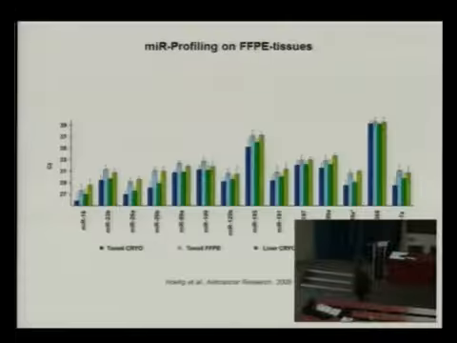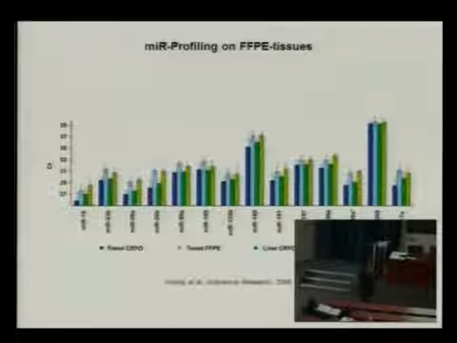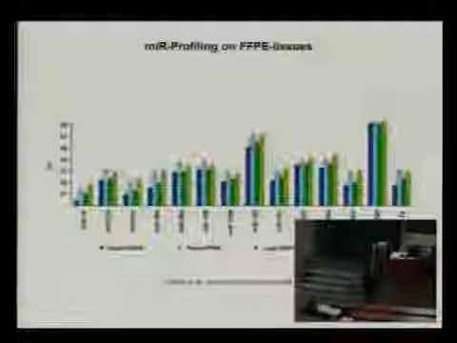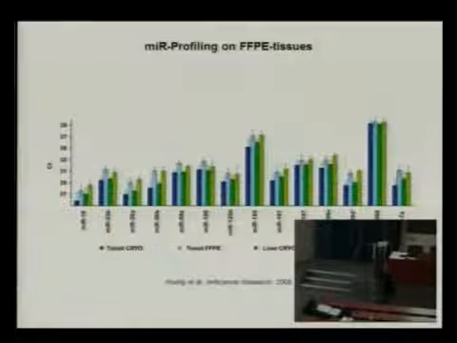And you can see here that for most of the samples, the microRNA profile stays the same. So no matter whether the microRNA is derived from the tonsils or from the liver, no matter if they have been cryopreserved or formalin fixed, the overall profile is very similar. But you will also notice that in the formalin fixed samples, the light blue and the light green, the CP values are a little bit higher.